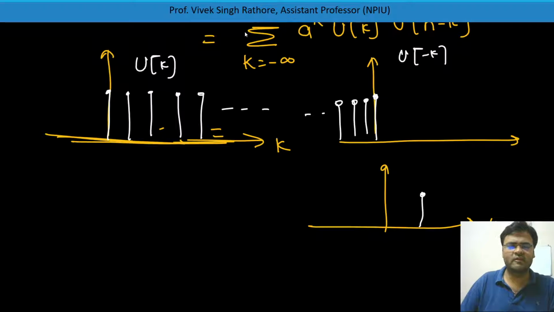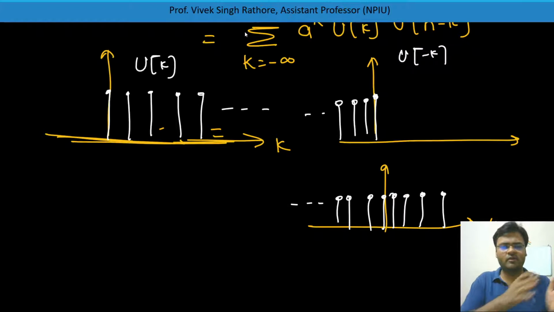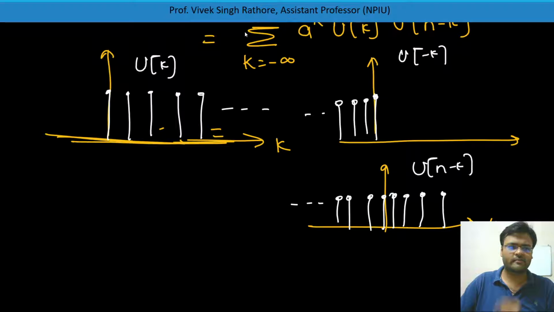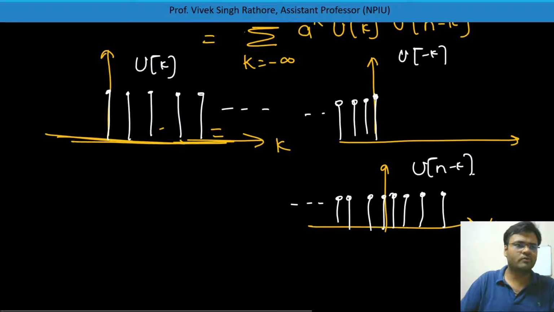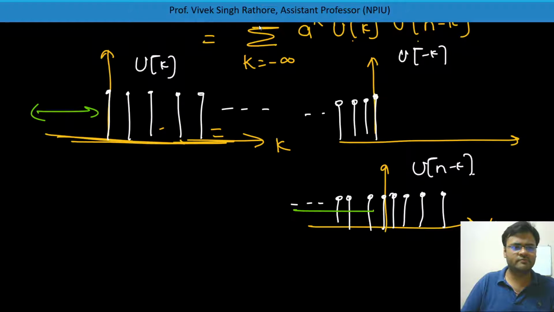Let's suppose n has some value. So for n values, it has been shifted, okay. Earlier it was till here only, it has been shifted. So let's suppose this is your u of n minus k. Now what you will do, you need to multiply u of k into u of n minus k. So you know that these values are 0 and these values are something, so when multiplied, it will come 0 only.